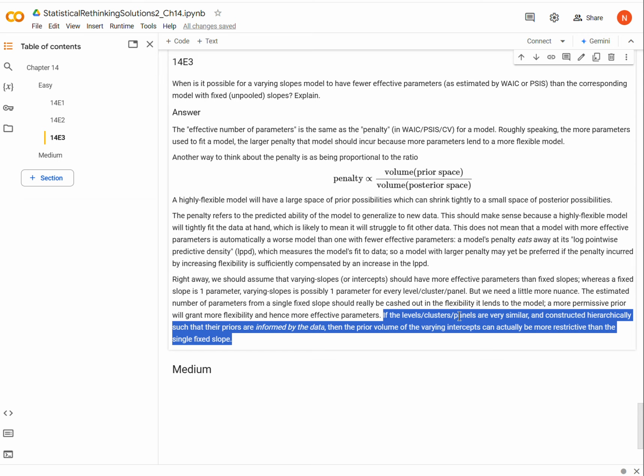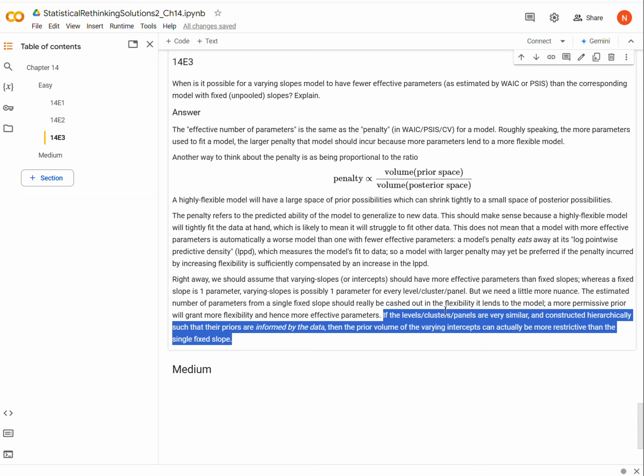So it's possible for the prior constructed from this hierarchical structure to become smaller and therefore lend less flexibility to the model than a single parameter that has a sufficiently voluminous prior distribution.